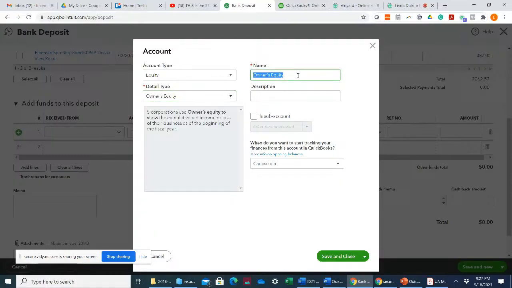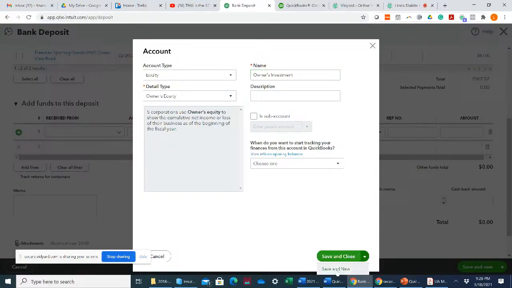No, I'm sorry. I'll explain what I'm doing. So owner's investment, I'm just going to call it owner's investment. As business owners, we always invest our own money, particularly in the beginning. So you may have an account called owner's investment. Other accountants may call it something else. So this is an account, that's what I'm calling it. This type of account is always an equity account. And then you can just select owner's equity as the detail type.